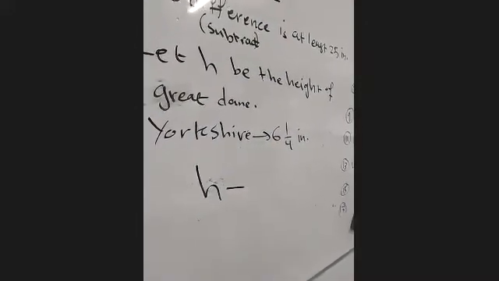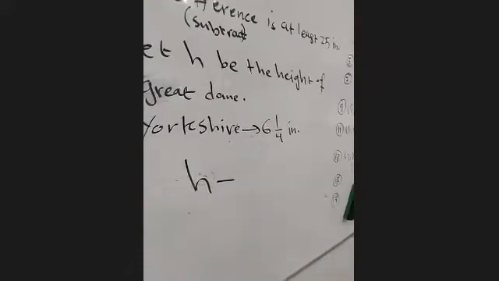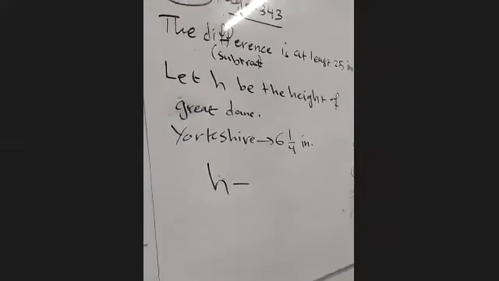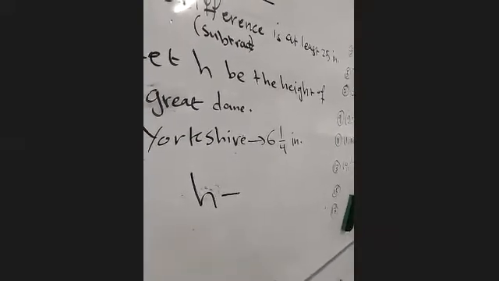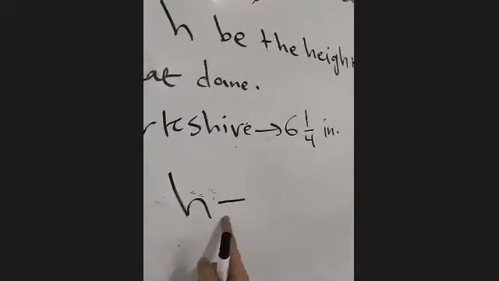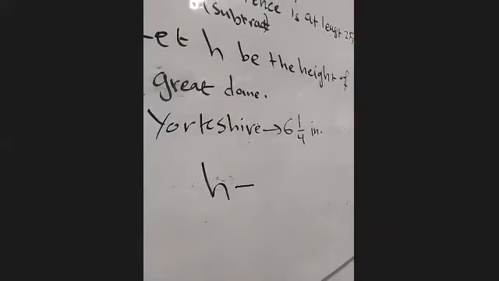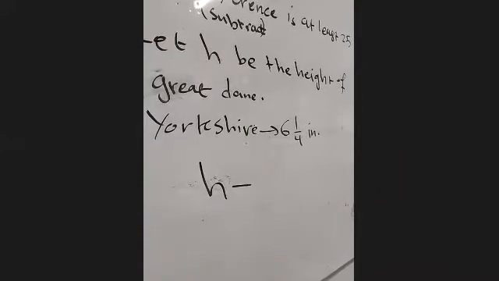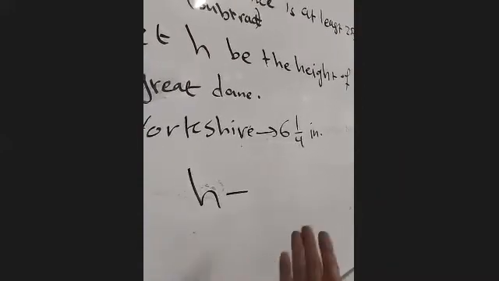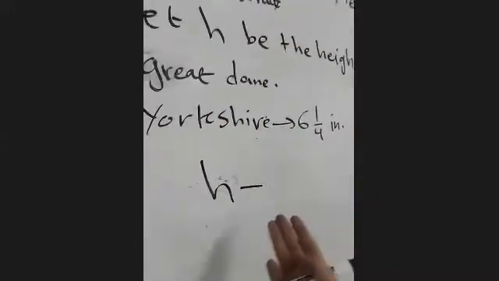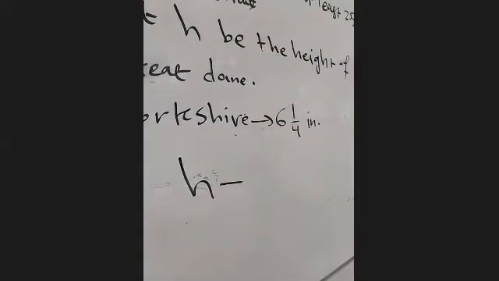H minus 25 over 4, greater or less than? H minus what? I don't want you to convert it, put it as it is. H minus 6 and 1 over 4.